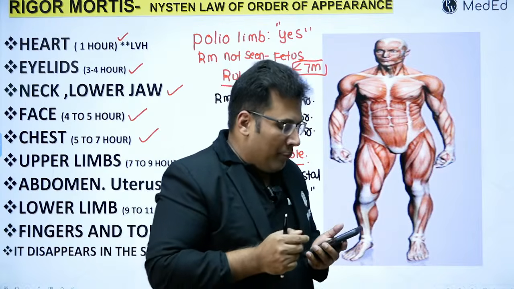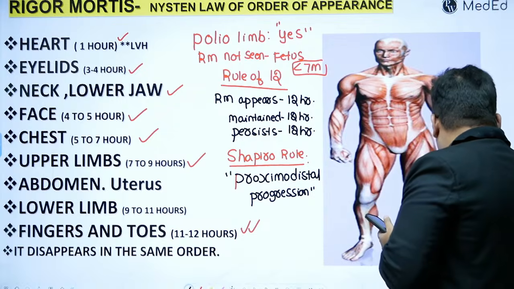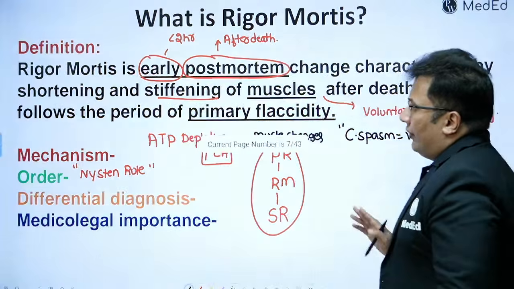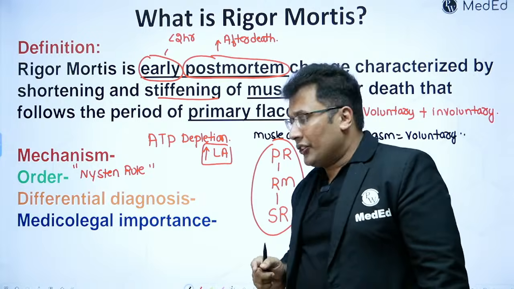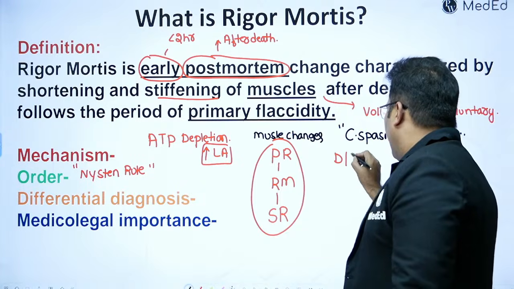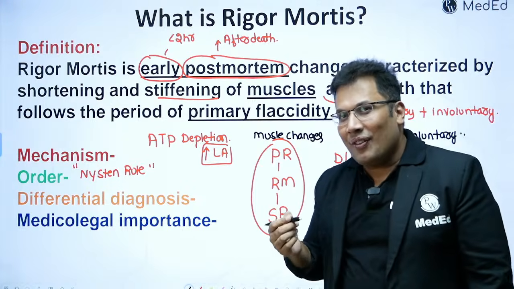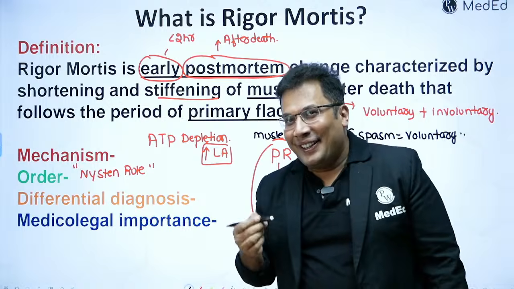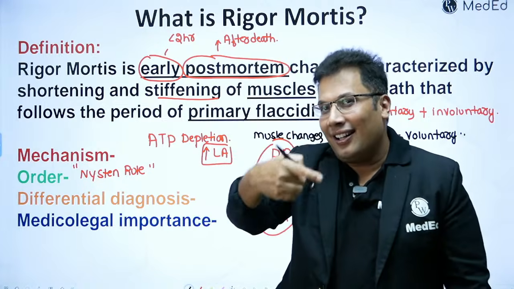Good. Now the order you need to write like this. Then comes the differential diagnosis, DD. Not Duradarshan. Differential diagnoses are conditions simulating rigor mortis.